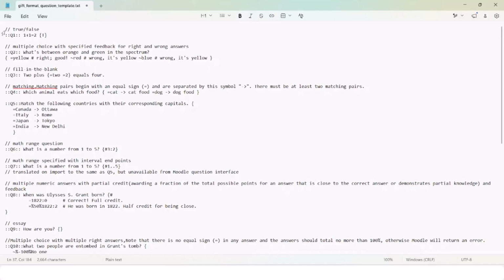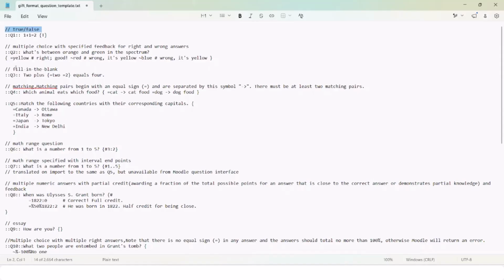We'll start with the true/false question type. It's a very straightforward question type to set up in the GIFT format. The double forward slashes are for commenting.